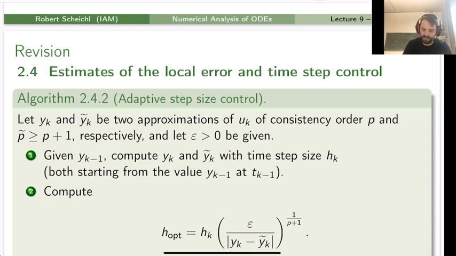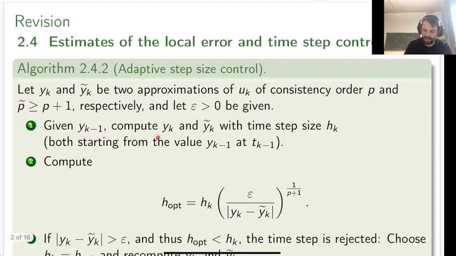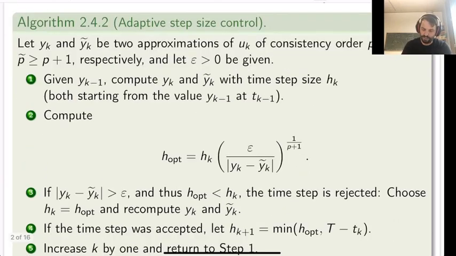You give a tolerance epsilon greater than 0, and then given the value at the last time step, yk minus 1, compute those two approximations, yk and yk tilde, both starting with the same value with time step size hk. Once computed, you compare the difference of the two values against your tolerance epsilon.